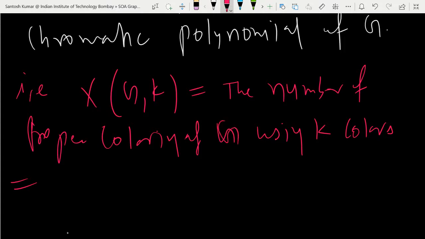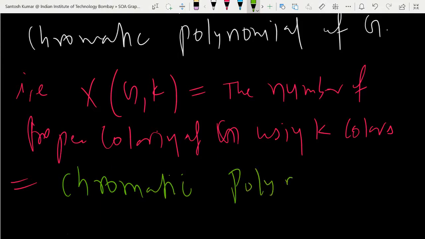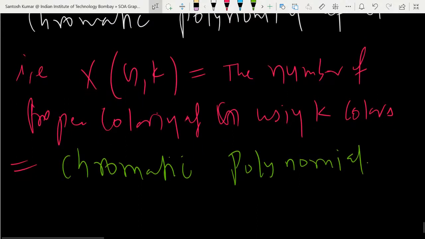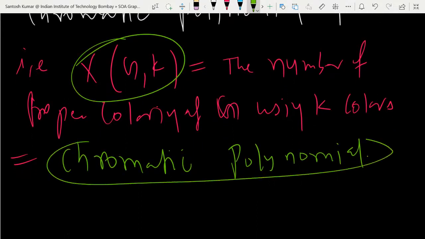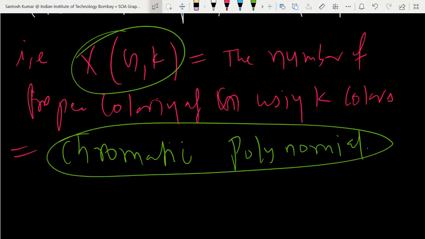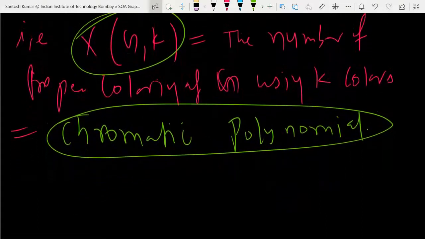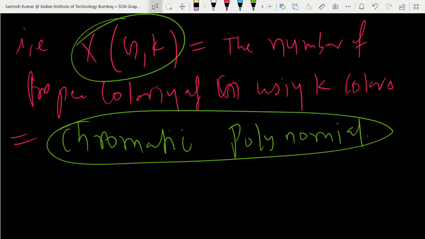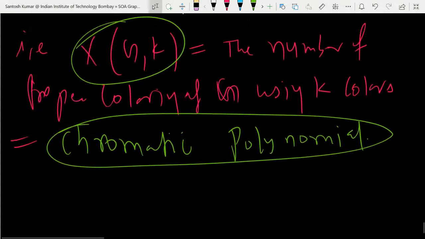Now I will rename it and we'll call this the chromatic polynomial in k. Okay, so we would like to have an explicit expression for this chi(G,k). For that we have a proposition.